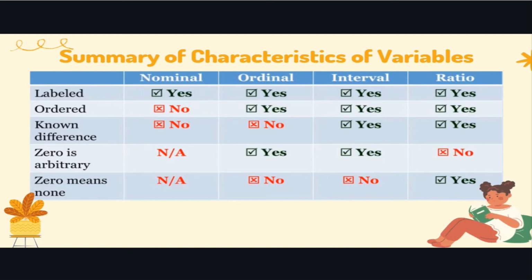If it is labeled, ordered, has known difference, and zero is arbitrary, then it is an interval variable. And lastly, if it is labeled, ordered, has known difference, and zero means none, then it is a ratio variable.